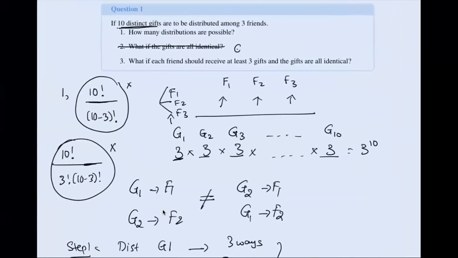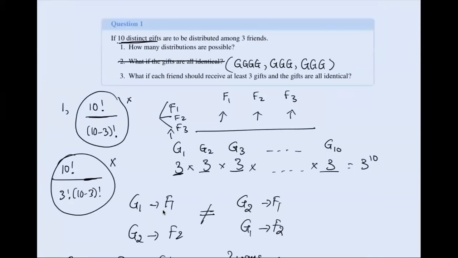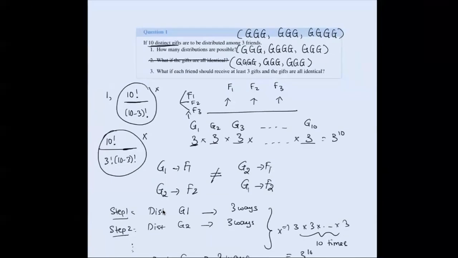The first case is when friend 1 gets 4 gifts, friend 2 gets 3 gifts, and friend 3 gets 3 gifts. The second case is when friend 1 gets 3 gifts, friend 2 gets 4, and friend 3 gets 3. The last one is friend 1 and friend 2 get 3, and friend 3 gets 4.